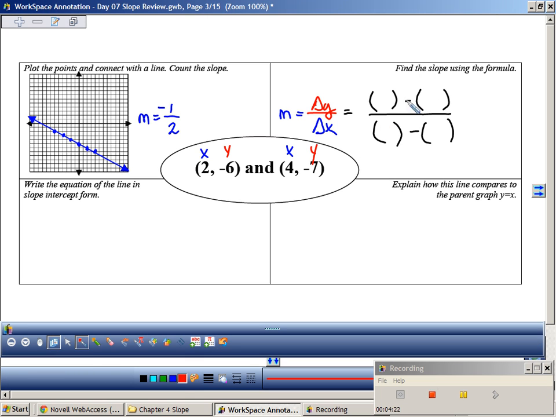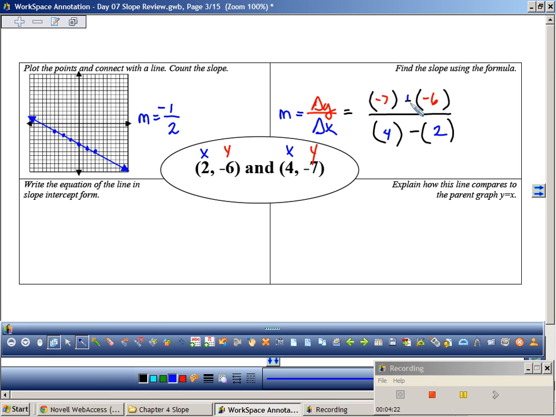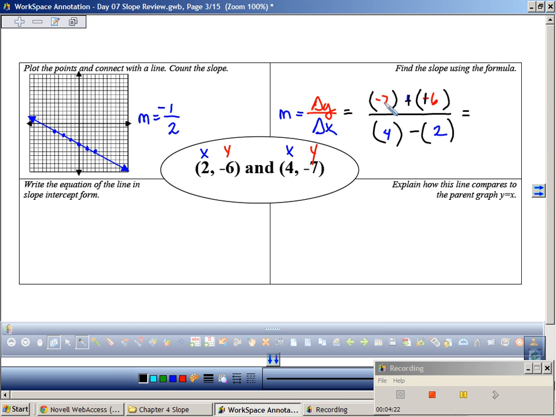All right, so my y's are -7 and -6, and my x's are 4 and 2. I have the opposite of an opposite. What is the opposite of an opposite? A positive. Awesome. So if I were to simplify this, I have different signs, so I find the difference.